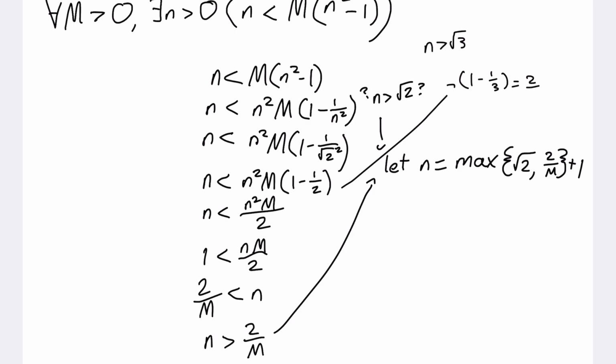Sorry, 1 minus 1 over 3. And then that would turn into 2 over 3. And then we'd get a final expression that looked something like 3 over 2m. Sure, that would work.